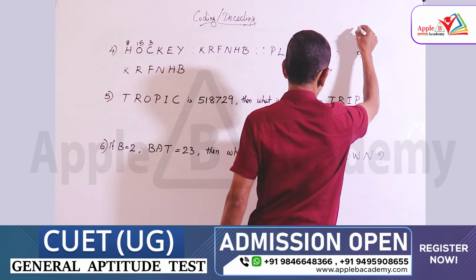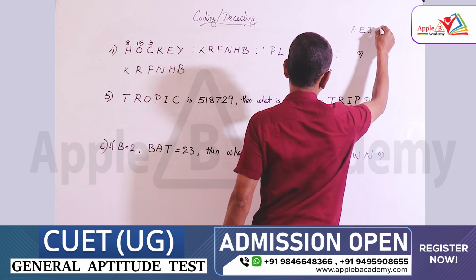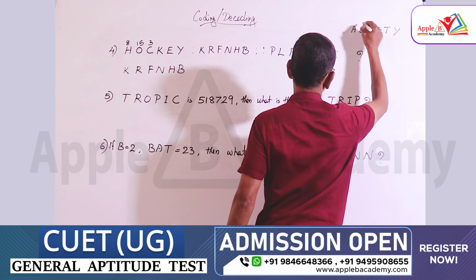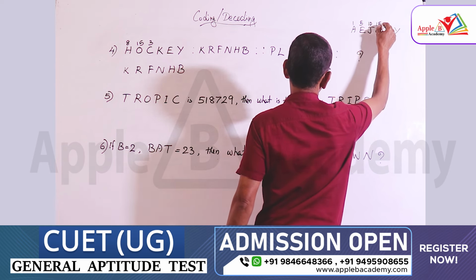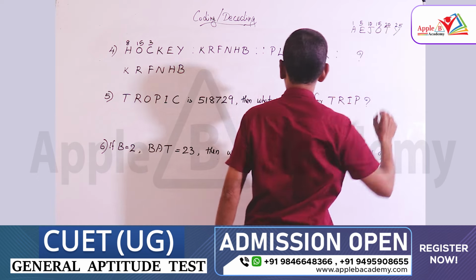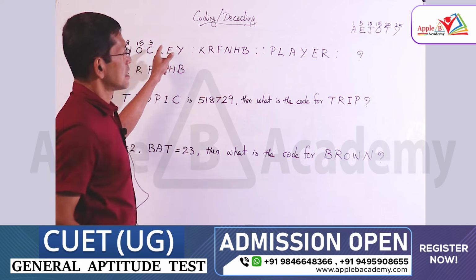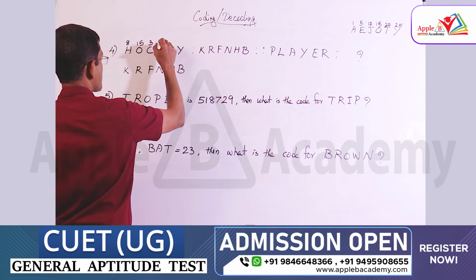If you are not sure about it, just think about A, J, T: A is 1, J is 10, T is 20, and this is 25. What we need is K. K is immediately after J. J is 10, so K must be 11.